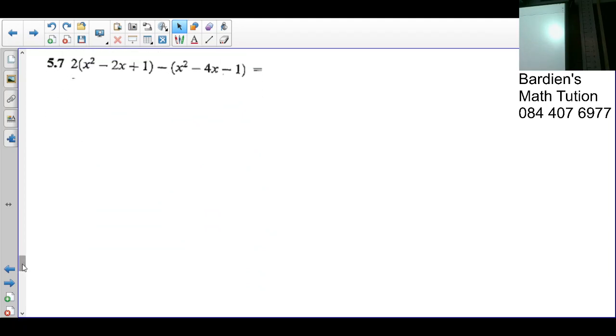How many terms are here? 2. Again, what separates terms? Plus and minus. 1, 2 terms. Okay. Is there any like terms inside the bracket that must be added first? No. So what do we do? Multiply.